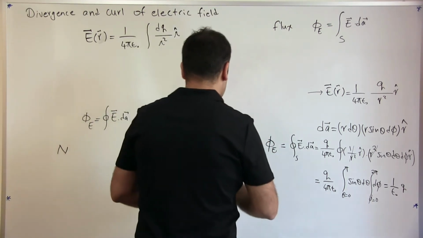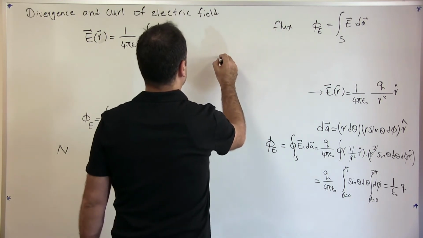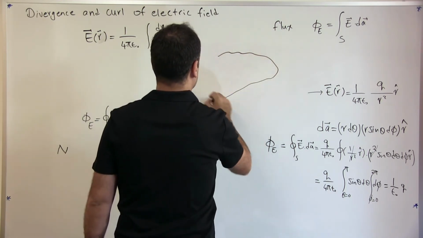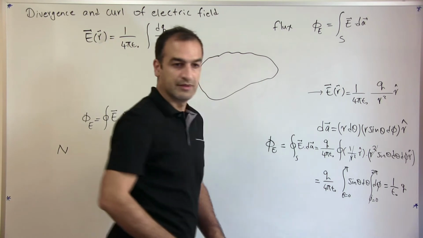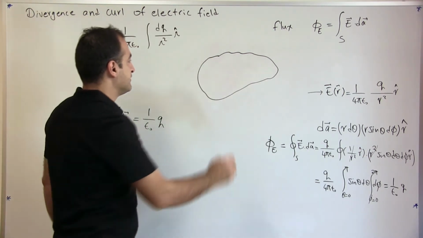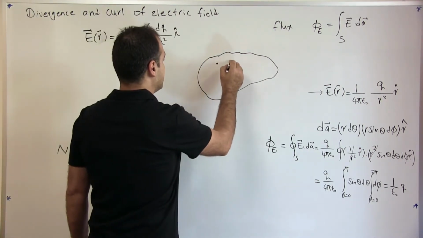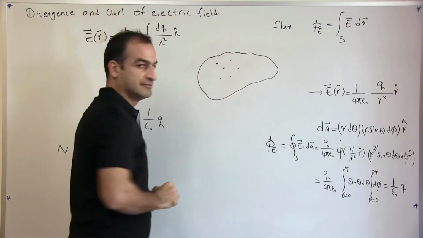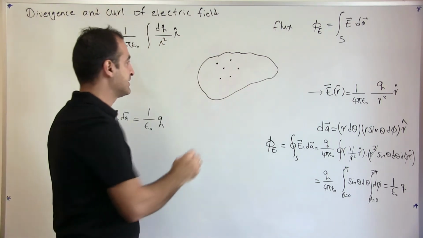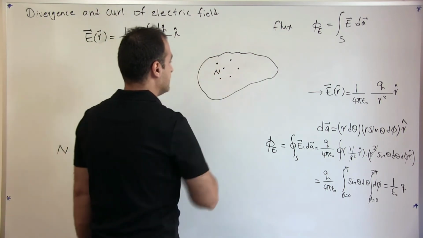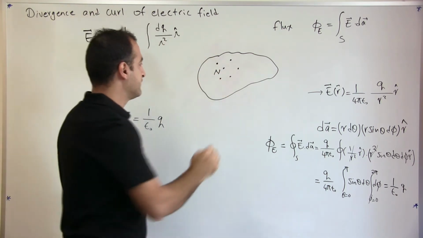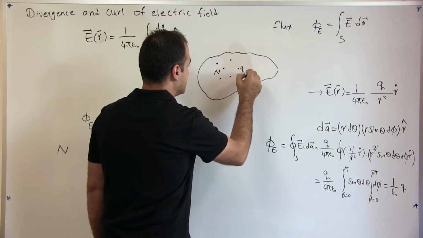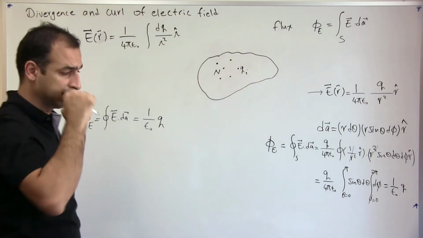So now let's assume we have this random shape, and let's imagine we have a number of different point charges in it. Let's assume we have n point charges, each of them with the charge q_i.